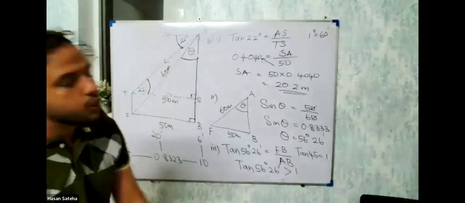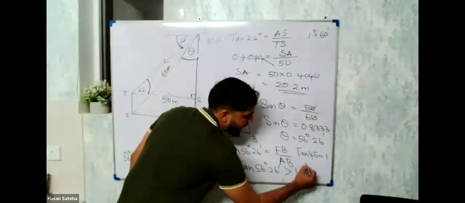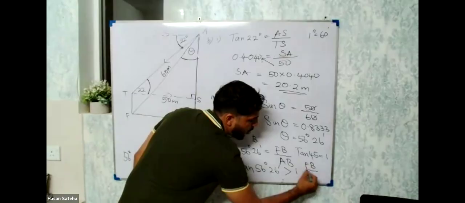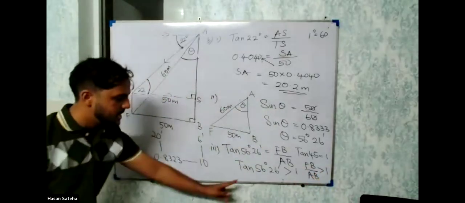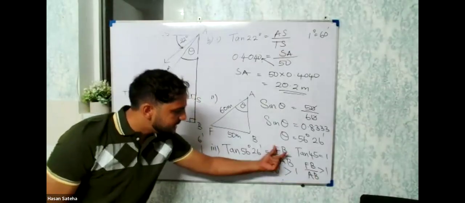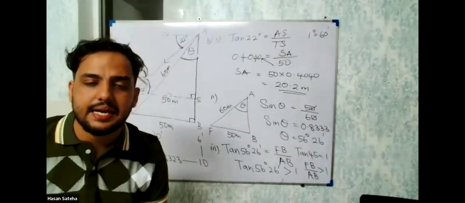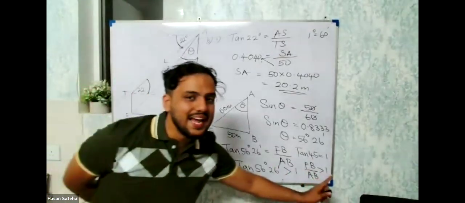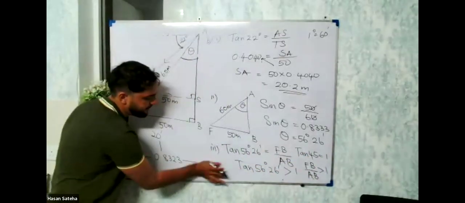Numerator. Definitely the numerator is bigger, right? So FB over AB is greater than 1. If that is greater than 1, I'll write the final conclusion here.